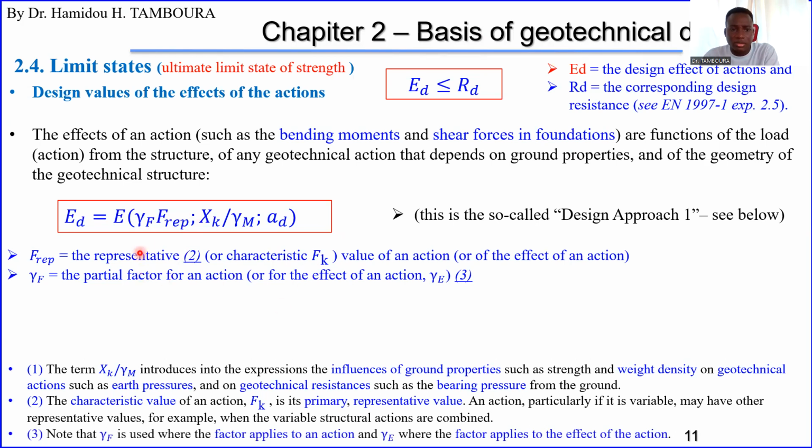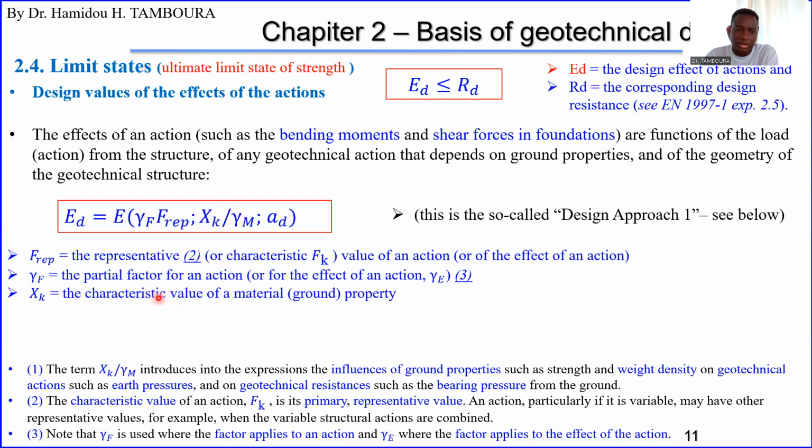Next, the gamma F is used where the factor is applied to an action. This is what I was saying. And the gamma E factor applies for the effect of the action. The next is this one, Xk.